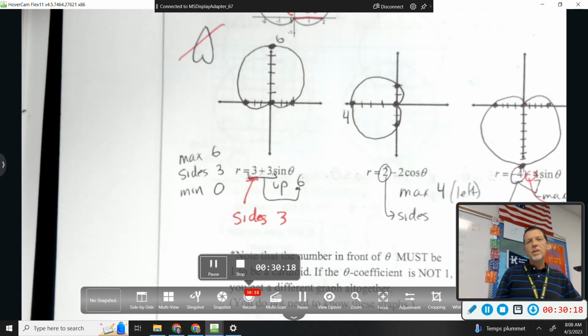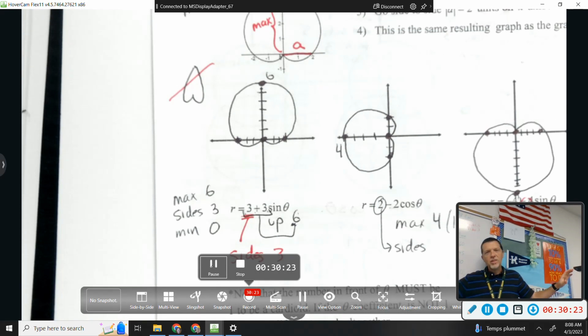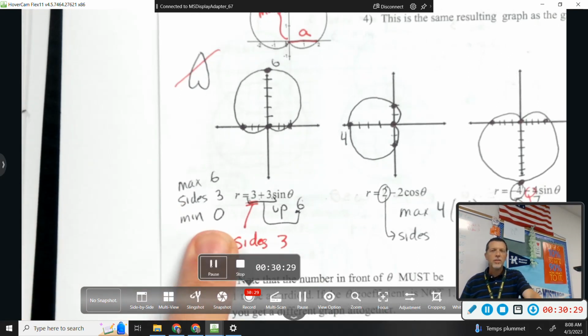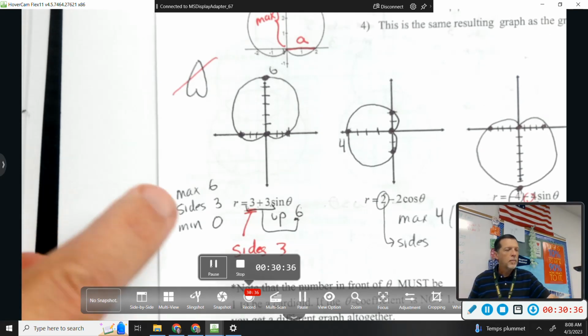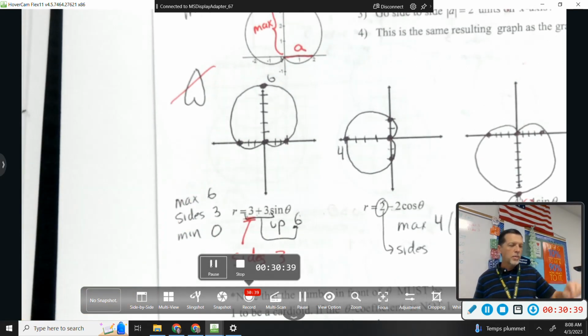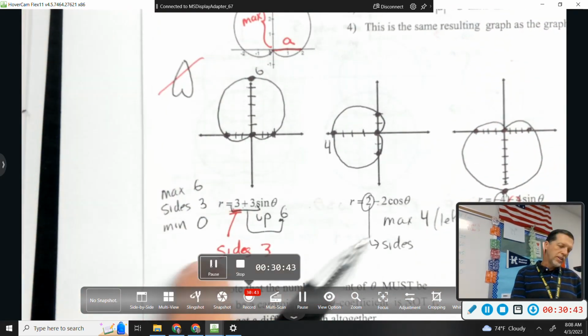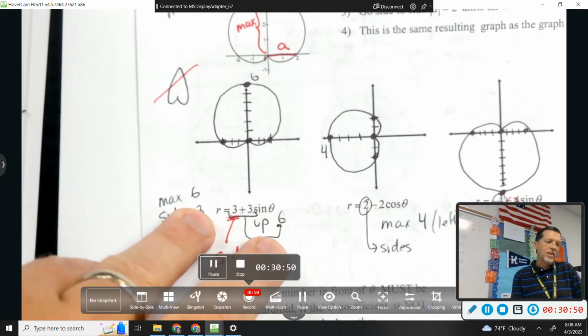So in some ways you don't have to think of them as two separate shapes. They're all just limacons. Some have a loop, some don't have a loop, and in a special case they go back to the origin. So rather than try to think, oh, it's two different shapes today, no, it's one shape. Find the max, find the sides, find the minimum, and occasionally you hit this special case where it goes perfectly back to the origin, and that has a special name, cardioid, but it's still like a specialized case of the limacon.